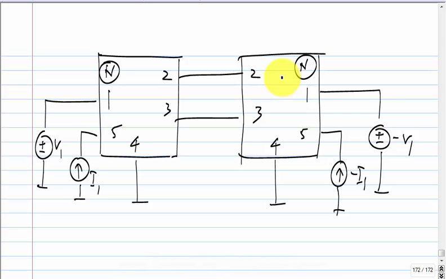So, what can you say in this case? Is there some simplification that you can do? Yeah, the nodes which are connected to each other, what about them?